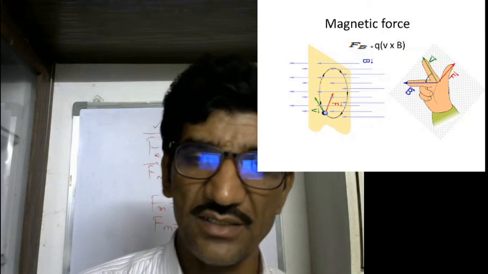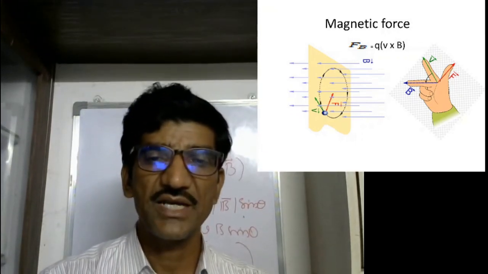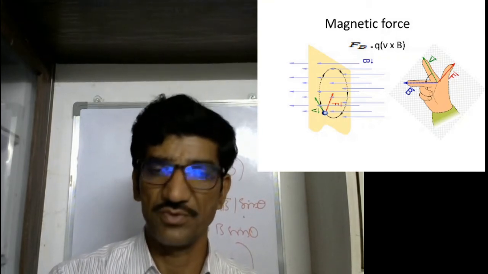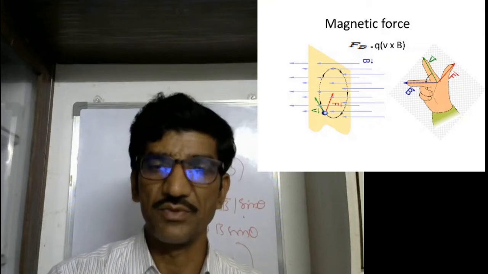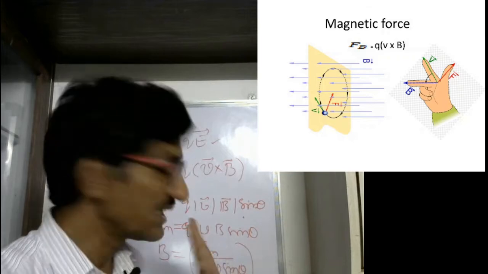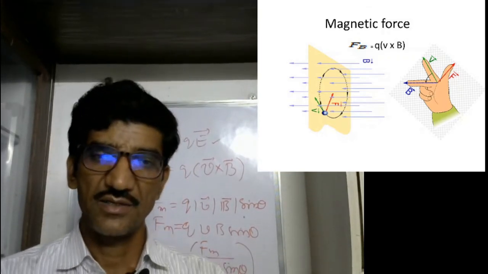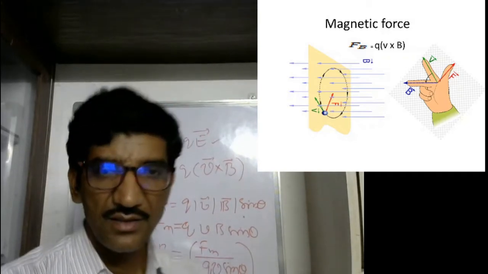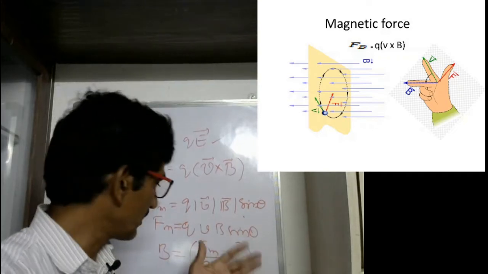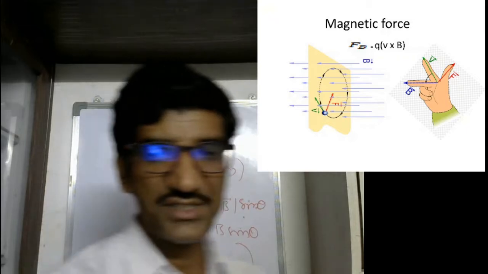Whenever we deal with magnetism separately, we define B to be the force acting on the unit north pole. Force acting on the unit north pole is known as the magnetic induction, capital B. This is a very traditional definition.